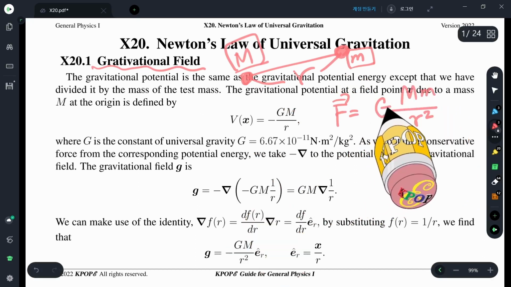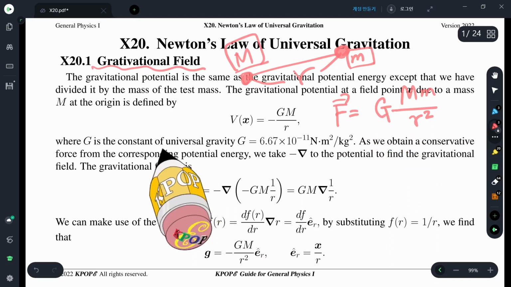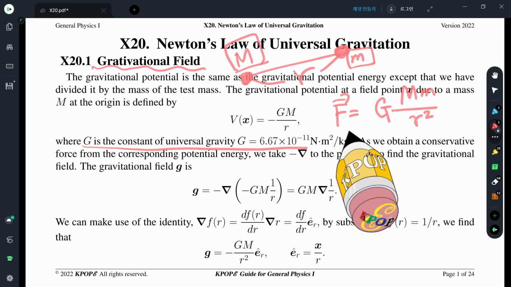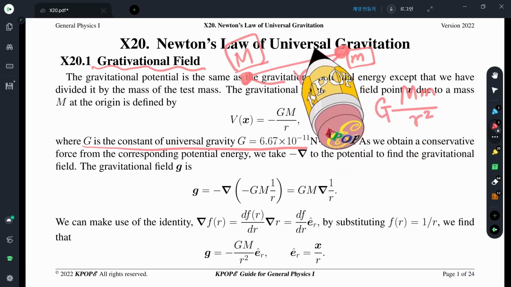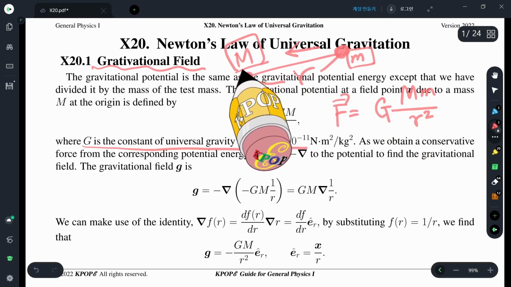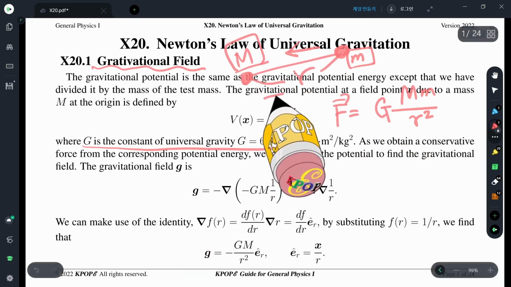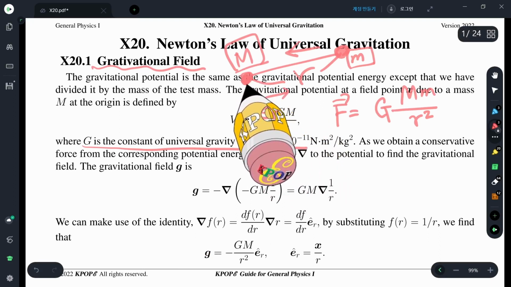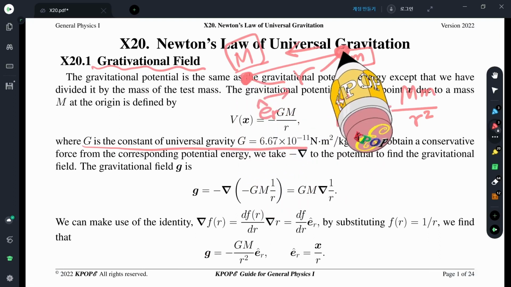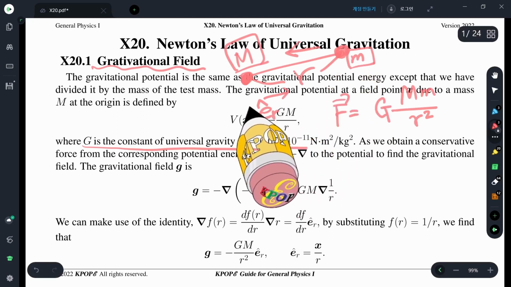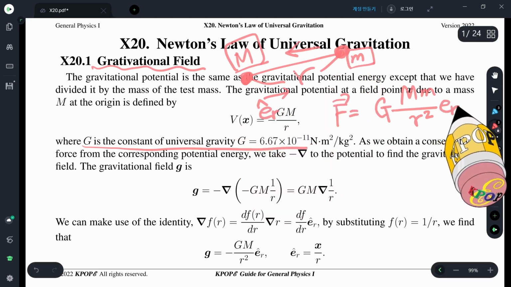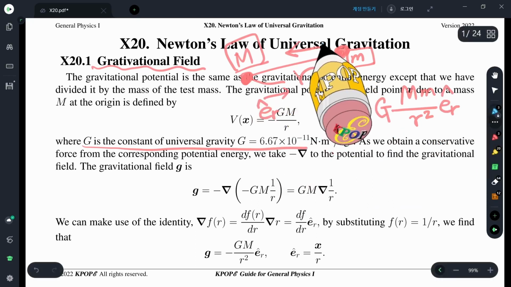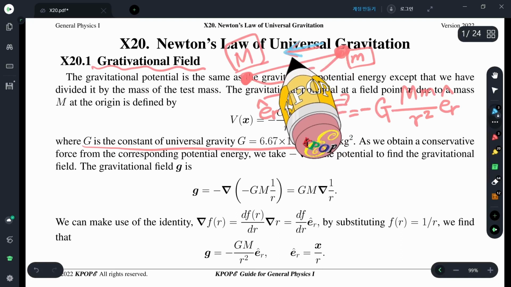There is a proportionality constant called the constant of universal gravity, and the force is directed toward the other particle. So if we define the unit radial vector from this source mass to the test mass, the direction is opposite to that unit vector because it is an attractive force.